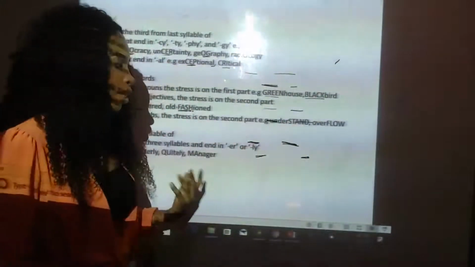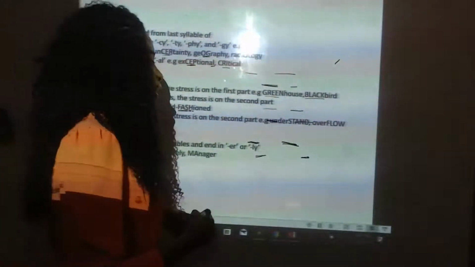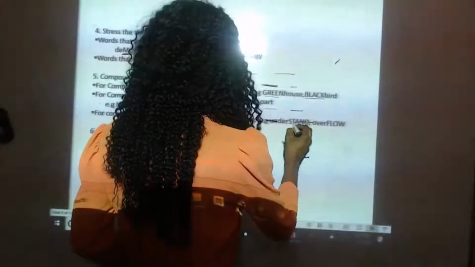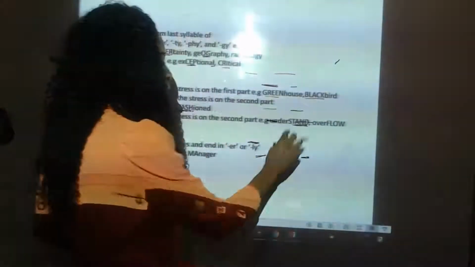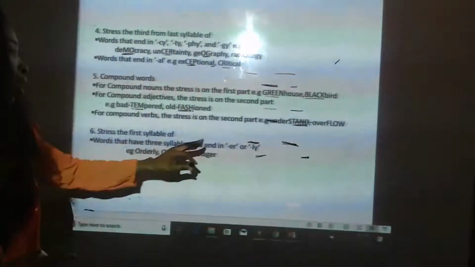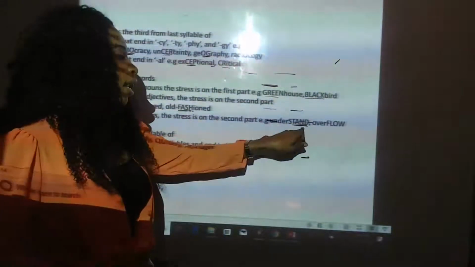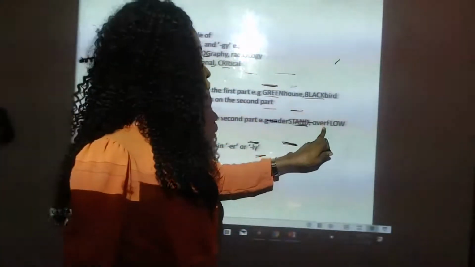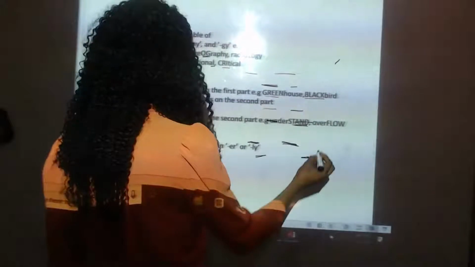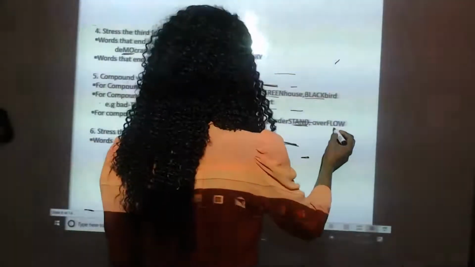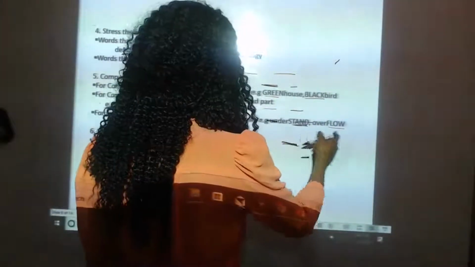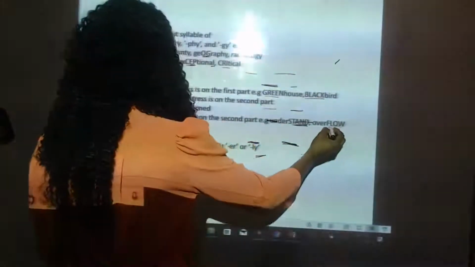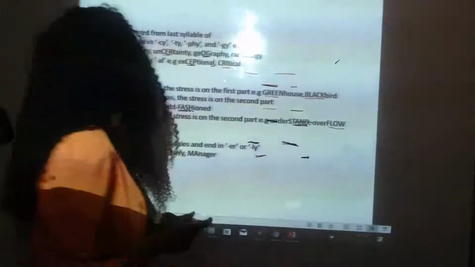Understand here is a verb, an action. Therefore, the stress should come at the last part. Please take note of all these rules. The next one, overflow. Flow here is the second part of these compound verbs. Therefore, it carries the stress.